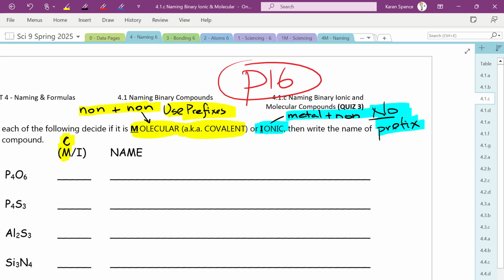So for this one, these are all covalent, so they're all going to use prefixes. We have one silicon, but we don't put a mono in the first word, so it's just going to be silicon.